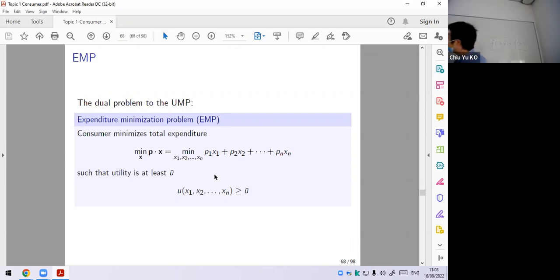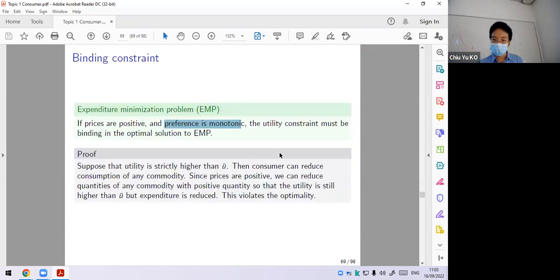Let me repeat the statement: if at the optimum this is not binding, then you can reduce any of the goods by epsilon and reduce your cost, and this inequality still holds, because you assume some continuity in the preference.